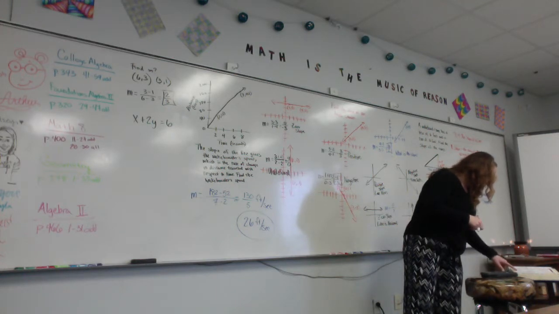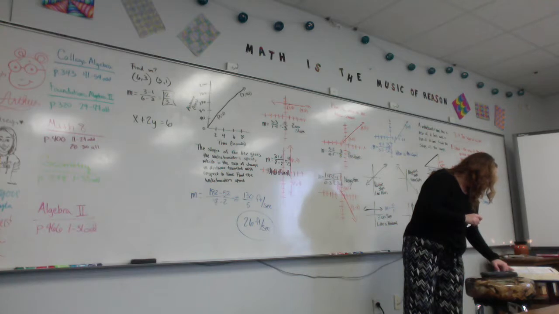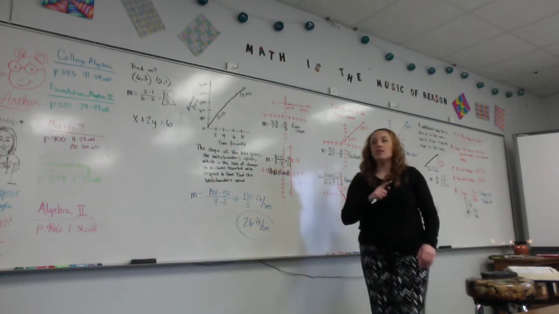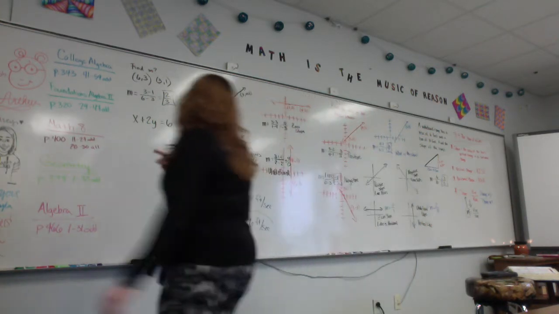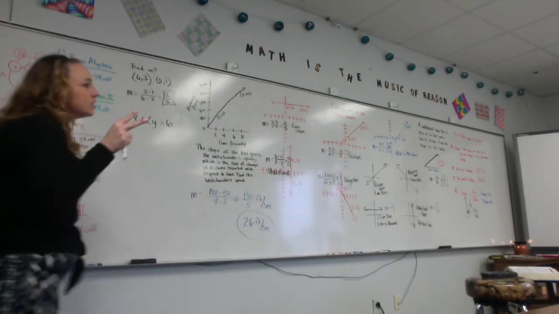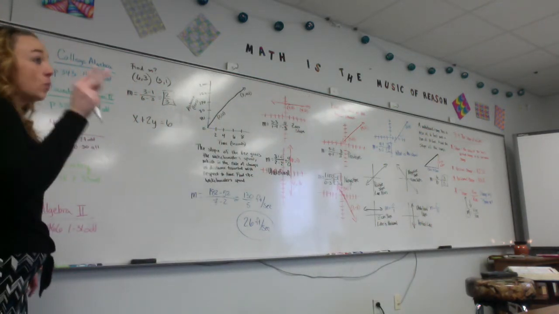Then use the points to find the slope of the line. So when they ask you to find the coordinates of the 2 points, what 2 coordinates do you think they're asking you to find? X and Y intercepts.